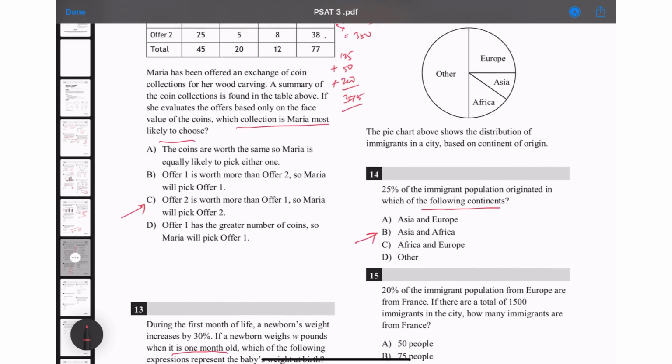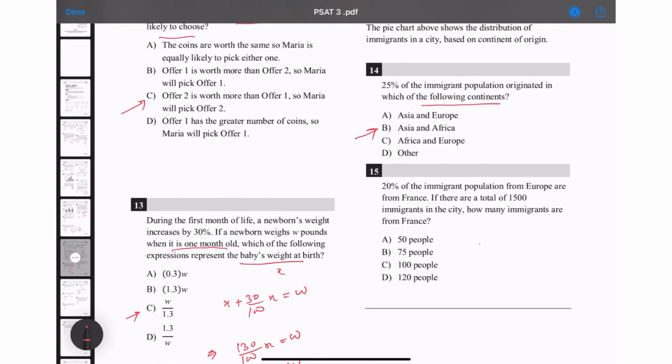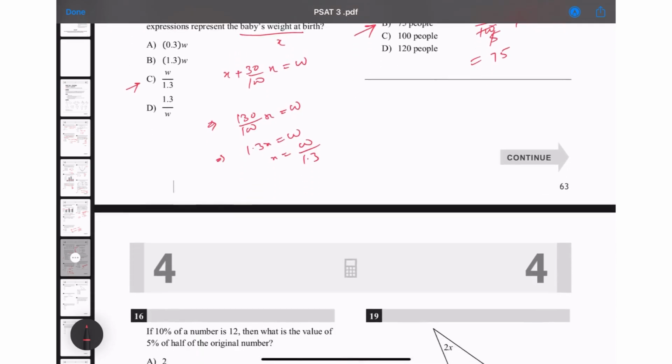Europe has 25% of the total, and 20% of that, or you can say 20 times 25 over 100 times 100 into 1500. So this will give you, these two will cancel out, and 20 times 5, 5 times 3, so 75 people are there. Option is B.